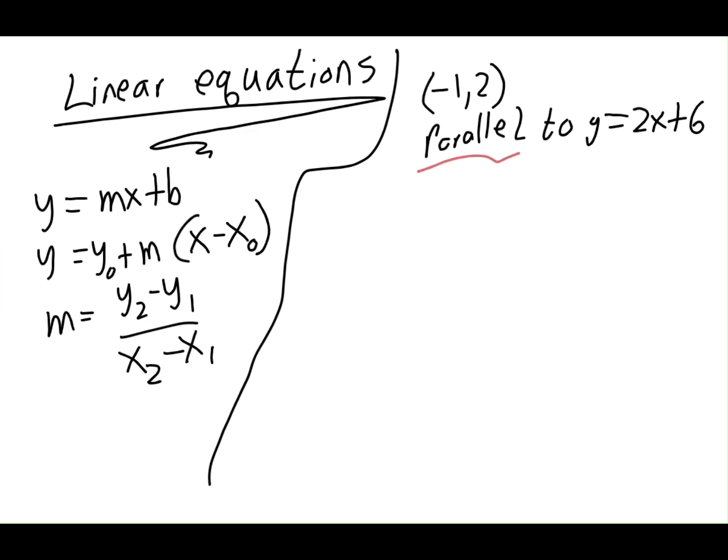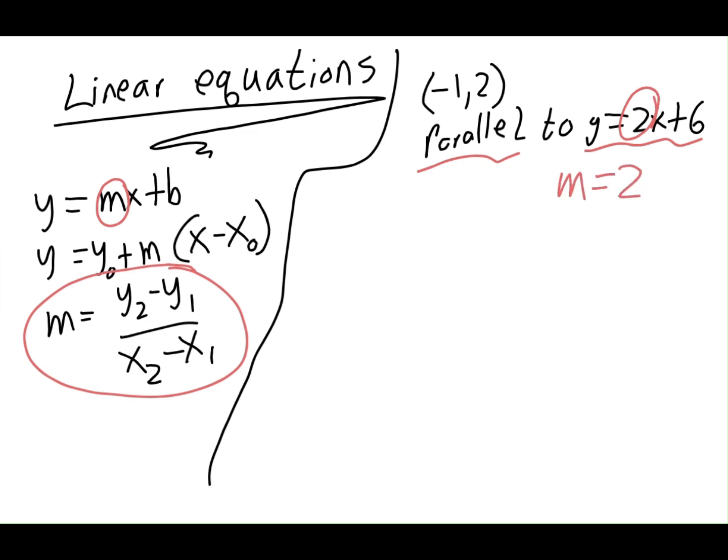It means the same slope. That's what parallel means. It will have the same slope as this line here. Well, if you look at this line, it's in mx plus b form, so the slope is 2. So when I said parallel to y equals 2x plus 6, that means the same thing as saying the slope is 2. So we know how to do this from earlier. It's the same problem we did over here.